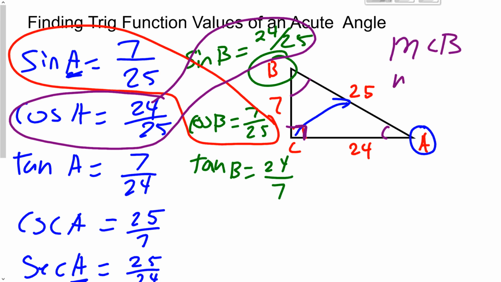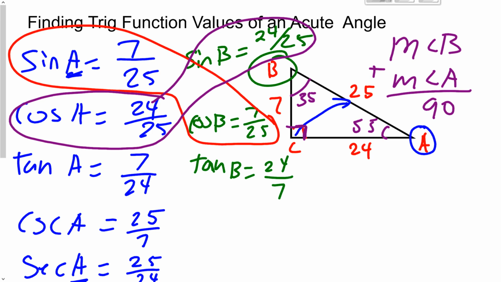The measure of angle A plus the measure of angle B equals 90, right? If I add them together, they will equal 90. So if this is 35, you can tell me what this one is, right? It'll be 45. Or actually, 55, sorry. It would be 55, right?